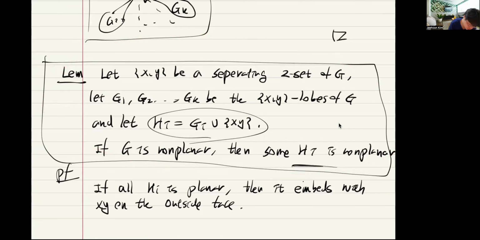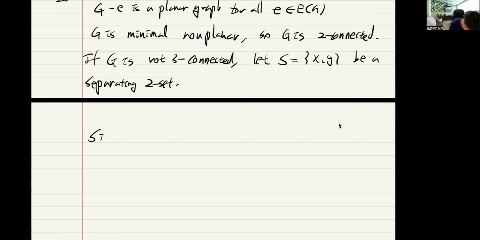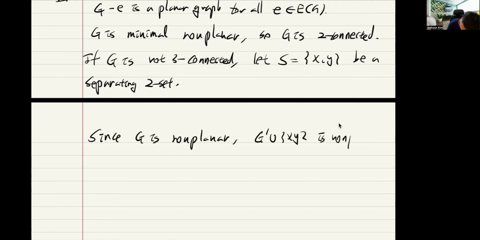We have a separating set, and one of the slopes plus the edge between x, y has to be non-planar because the original graph G is non-planar. So G' union with xy is non-planar for some slope G'.